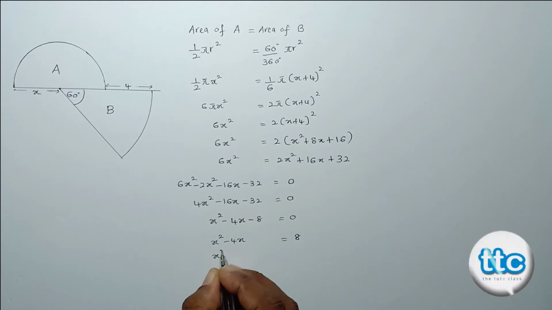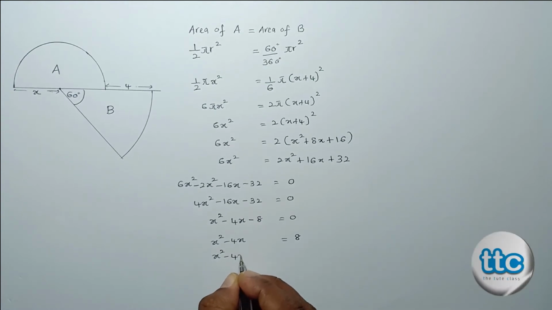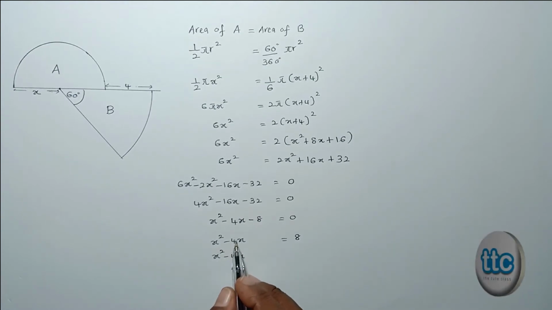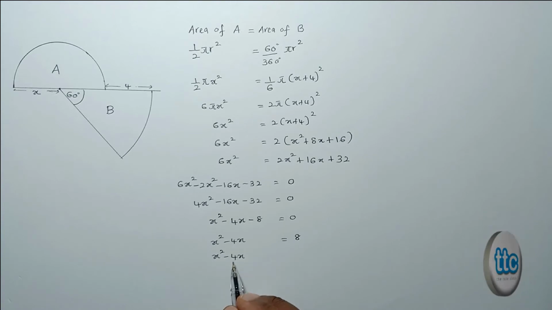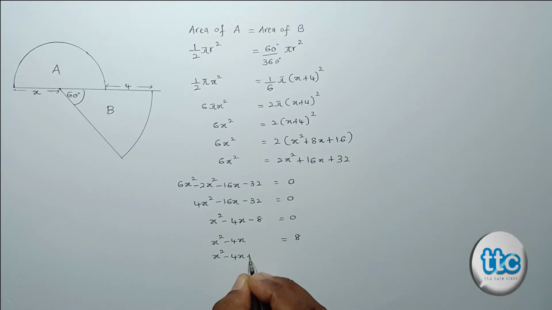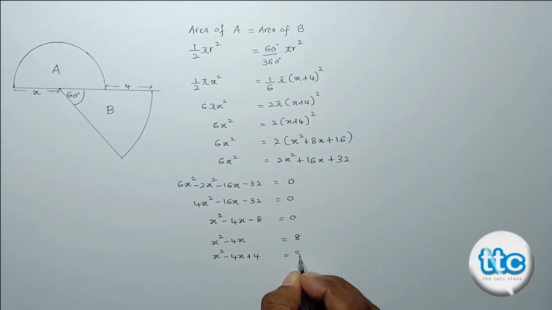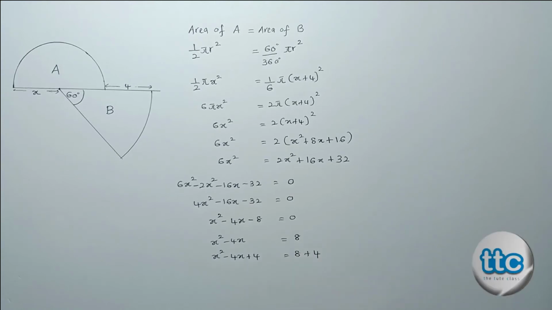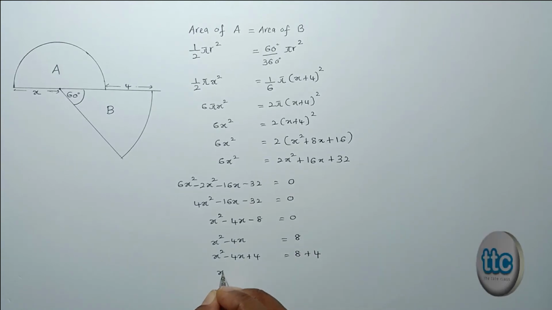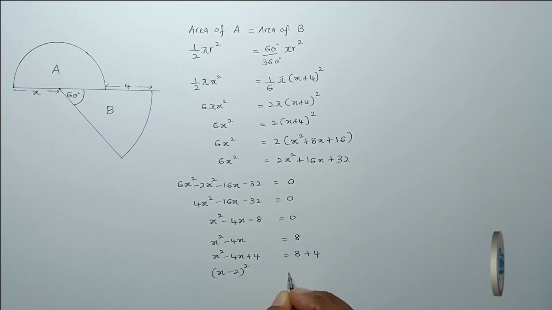Then for x squared minus 4x, you have to divide the coefficient of x by 2 and square it. Minus 4 divided by 2 is minus 2, squared is plus 4. Then you have to add plus 4 this side also. Then if you factorize this part, x minus 2 whole squared equals 8 plus 4, which is 12.